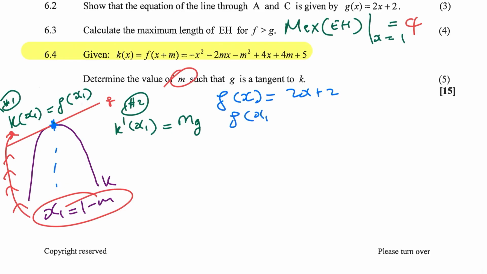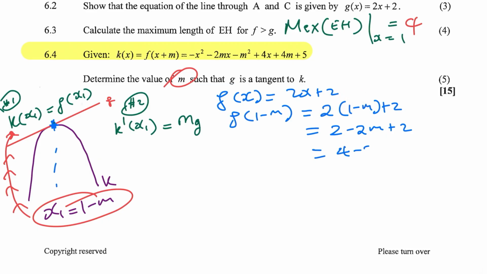So g of x1, in this case x1 is 1 minus m, is equal to 1 minus m plus 2, which is equal to 2 minus 2m plus 2. Does it make sense? Because I'm just removing a bracket, which is equal to 4 minus 2m. And then k of x1, which is equal to k of 1 minus m.